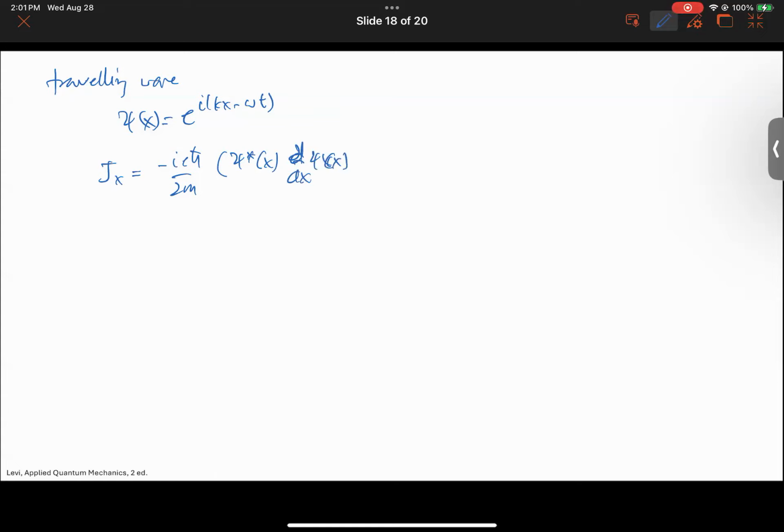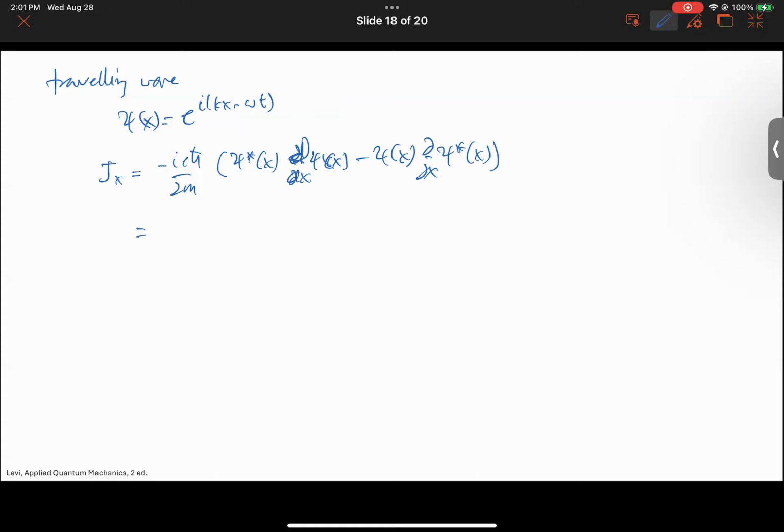For a traveling wave, what is an example of a traveling wave? Light is a traveling wave, and we describe its wave function as exponential of i(kx minus omega t). And we have J sub x equal to negative i e h bar over 2m times psi star of x times d dx of psi of x minus psi of x times the partial derivative with respect to x of psi star of x.